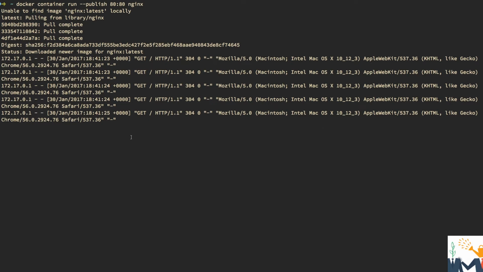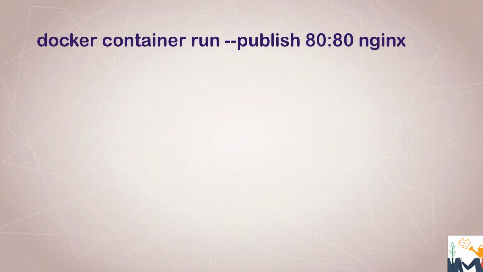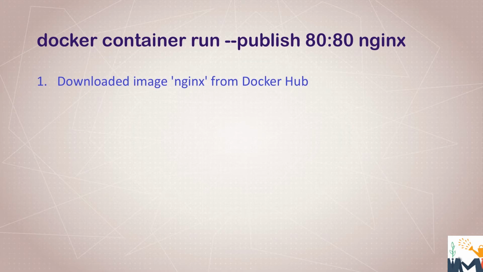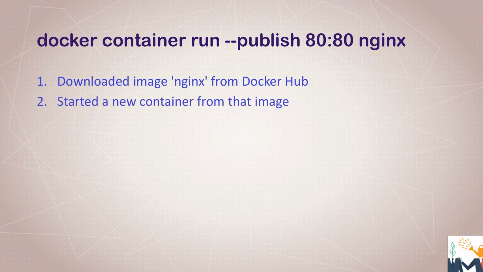Now, what did we just do? In the background, the Docker engine actually looked for an image called NginX, and it pulled down the latest image for NginX from Docker Hub. And then it started it as a new process in a new container for us to use.